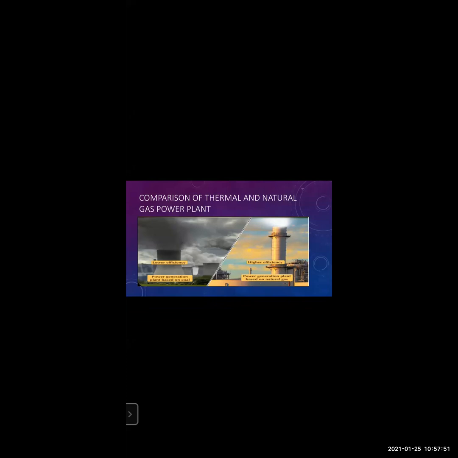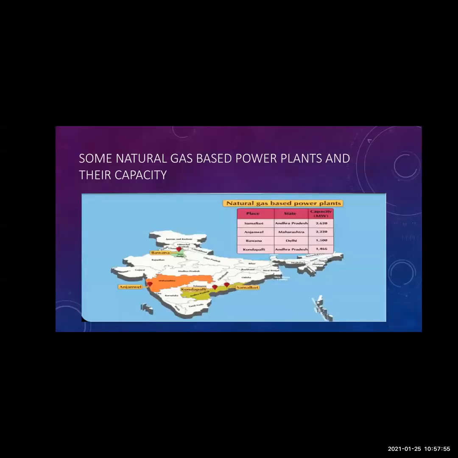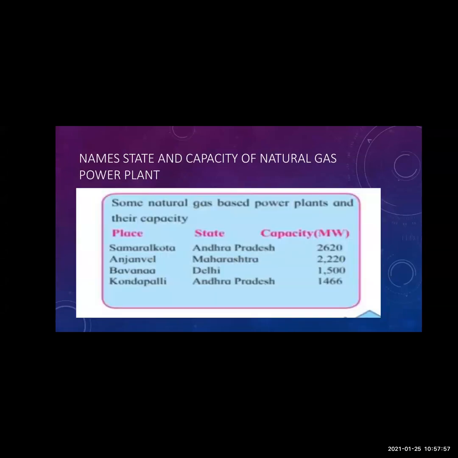Just have a look at some power plants and their capacities of natural gas. The capacity is 2020 megawatt in Samalkota. There is a power plant in the state of Maharashtra and its capacity is 2220 megawatt in Anjanvel.